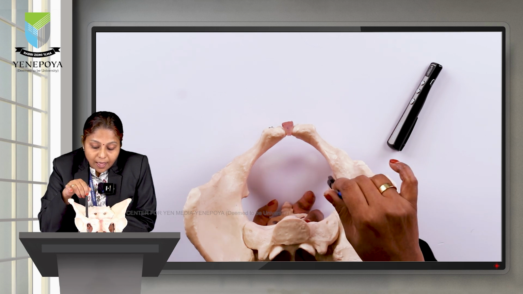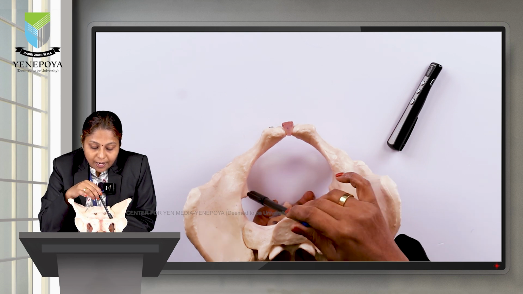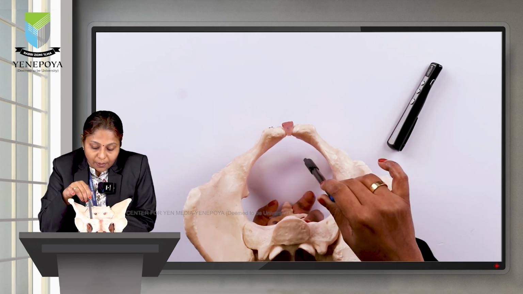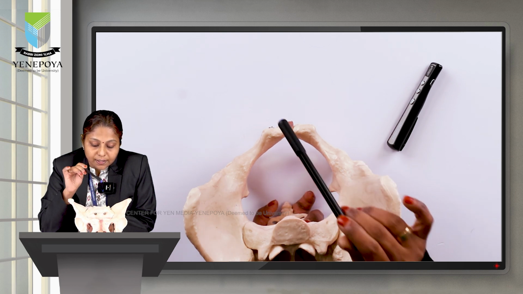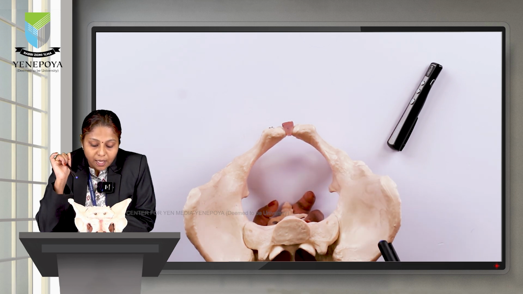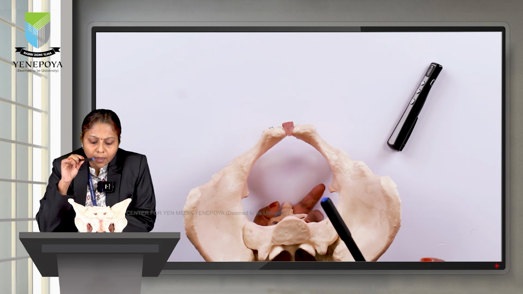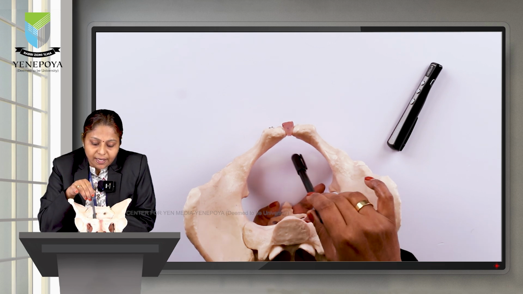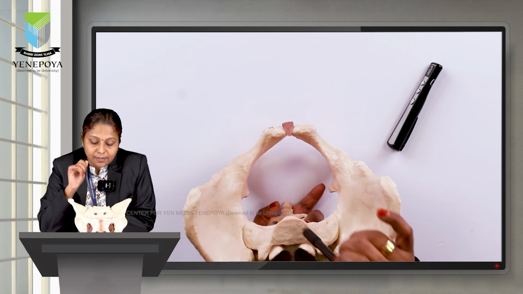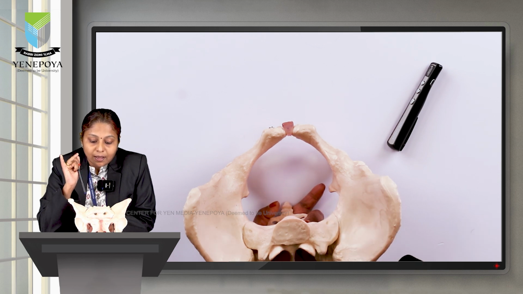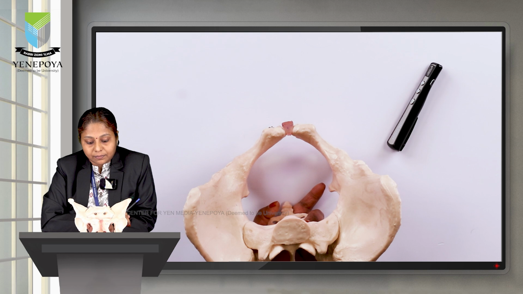The lateral borders are the sides of the pelvis, and the anterior border is the symphysis pubis and the pubic bone. Since the cavity is round in structure, all diameters, that is the anteroposterior, the transverse and the oblique diameters, measure 12 centimeters.